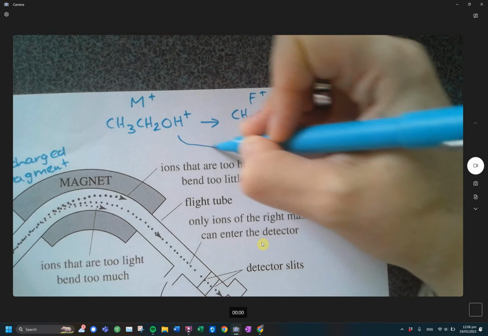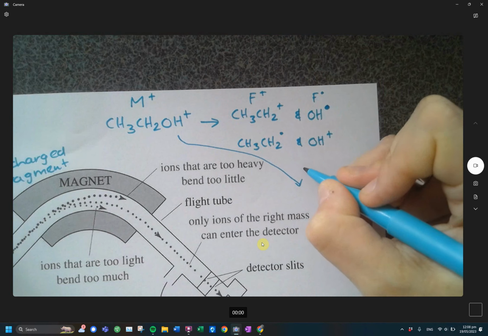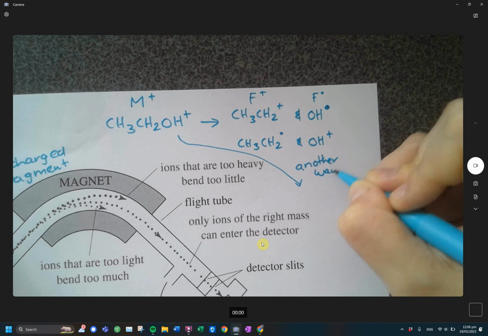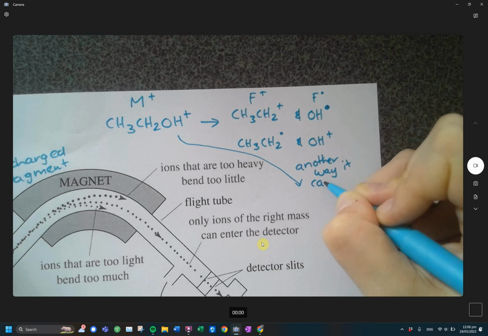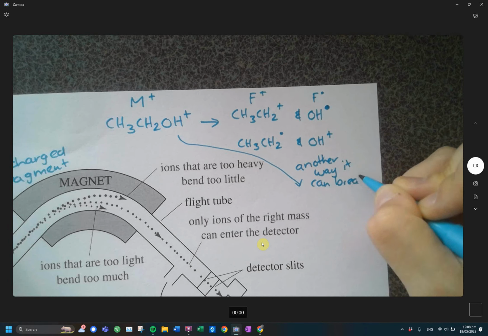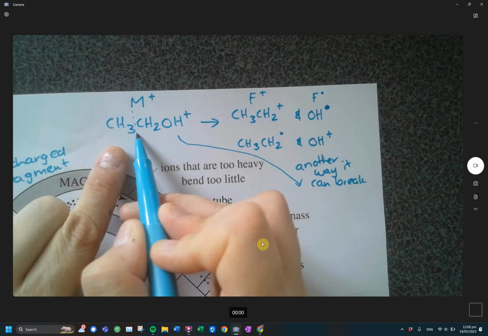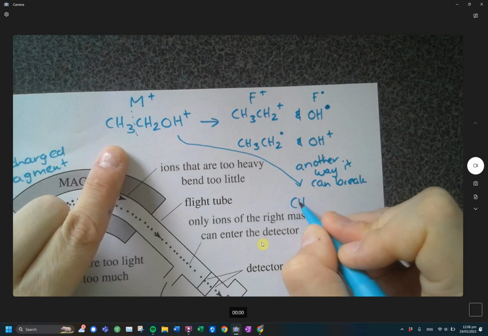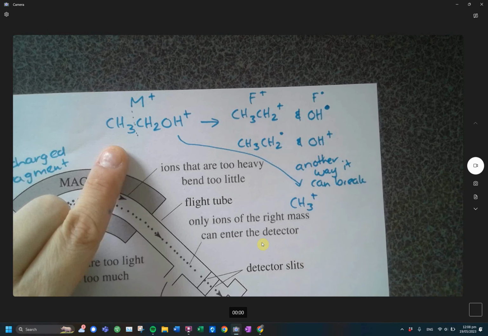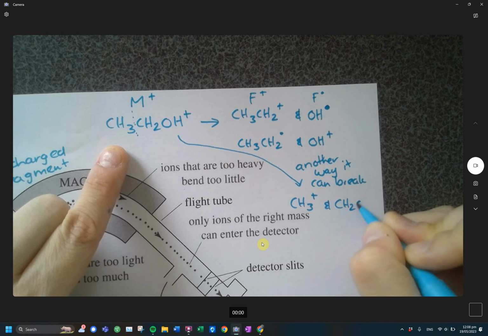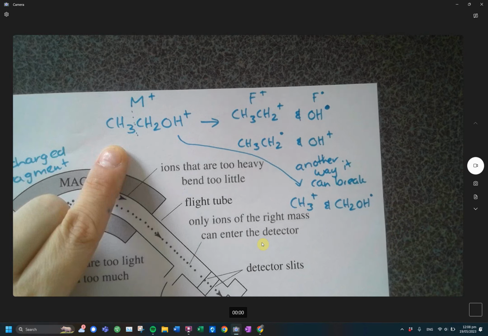So another way it can break is, say, for example, it breaks over here, and I get a CH3, and let's say the CH3 has gotten the charge, and I get the CH2OH, and that doesn't get the charge.